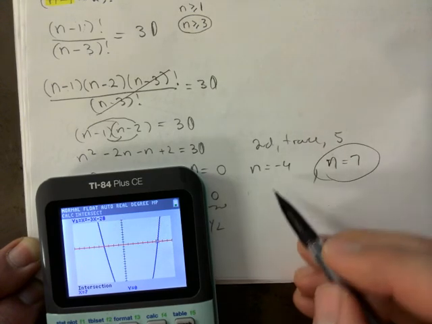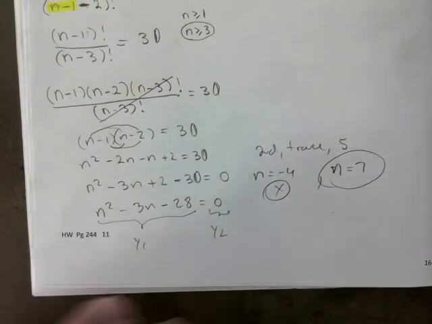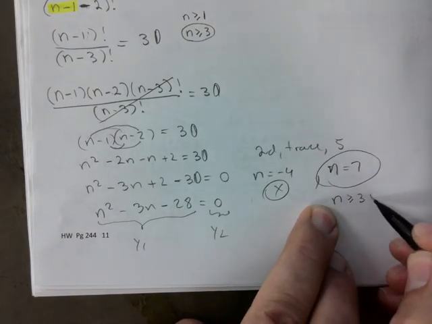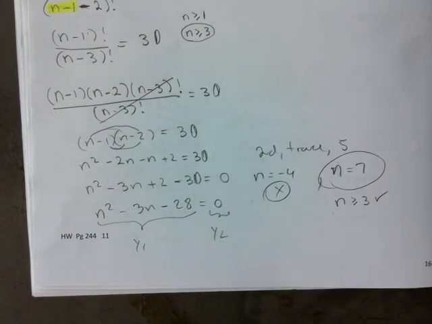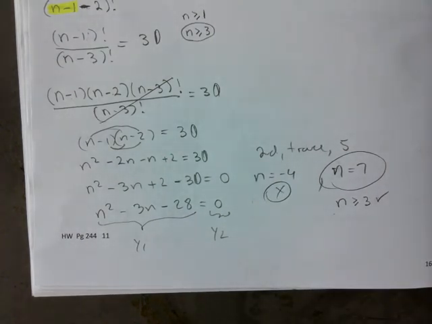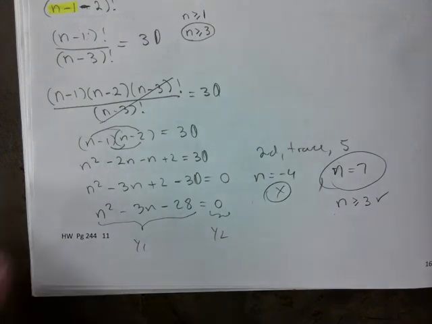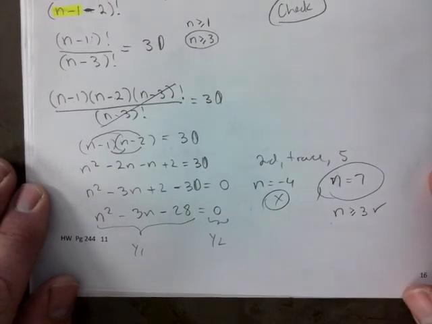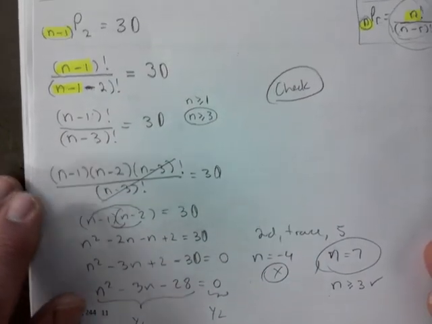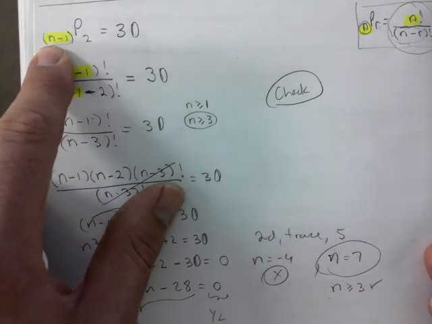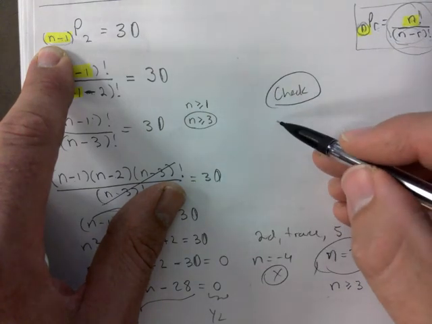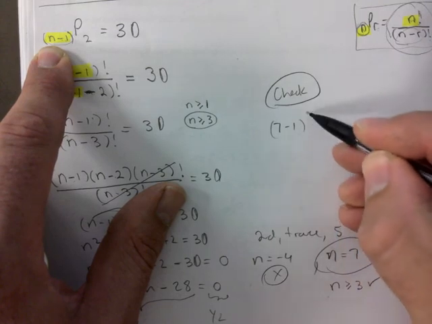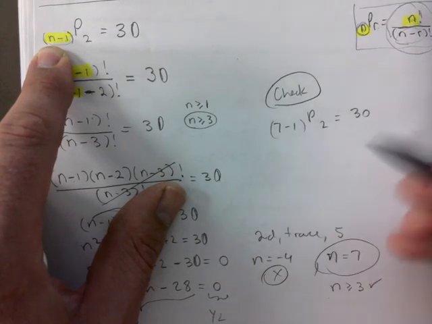So negative 4 does not work, right? It does not abide because this one tells me that n is greater than or equal to 3. That's why 7 checks out, right? And I encourage you to plug that in just to do your check. You can actually go all the way up here. Just plug it in here and see if that works. Because it's really n minus 1, so it's 7 minus 1 P 2, is that equal to 30?